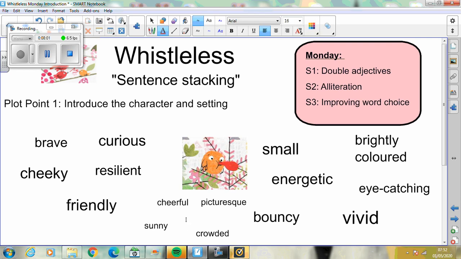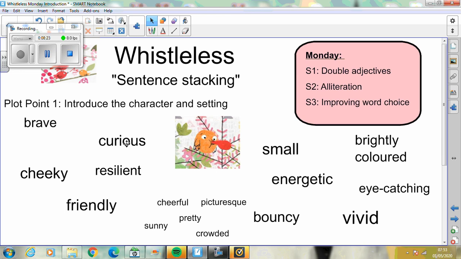And I think it's pretty. There we go. So I've got my words to describe Whistleless, and I've got some words down here to describe the setting. So our first sentence then is going to be using double adjectives within that sentence.